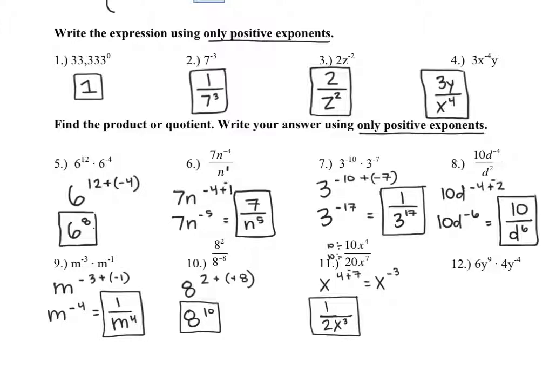And one other thing to note here real quick is just like yesterday where we talked about how we could extend those. If we look at just the x to the 4th, that would be a repeated multiplication of x times x times x times x. And x to the 7th would obviously be 7 x's.